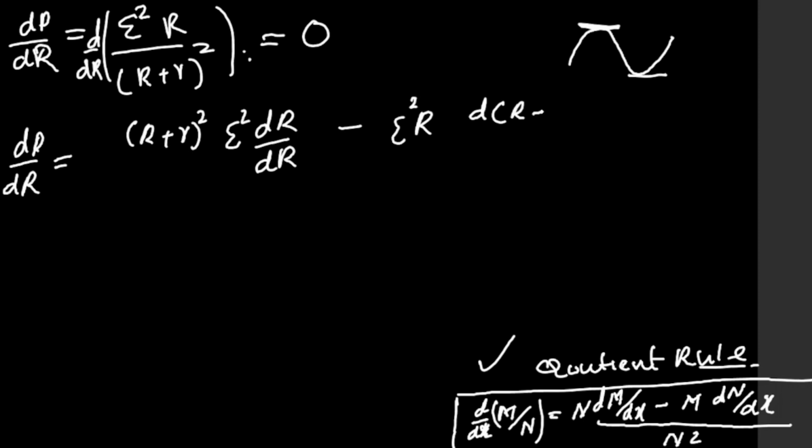So, this is d(R plus r) squared divided by dR, and we write it.